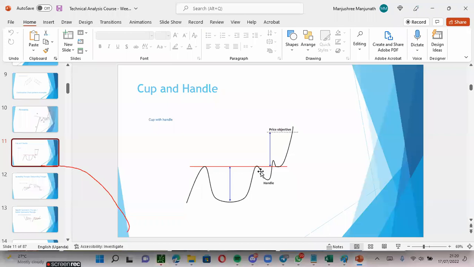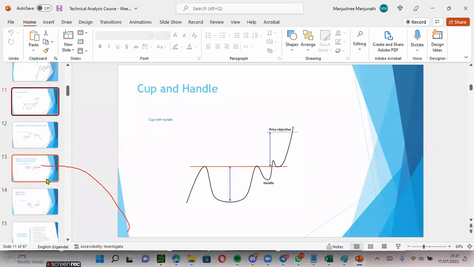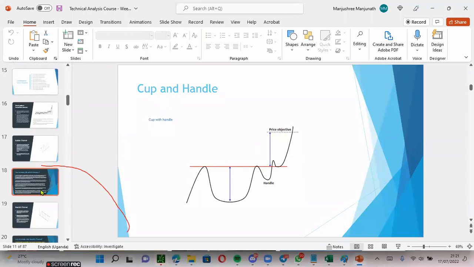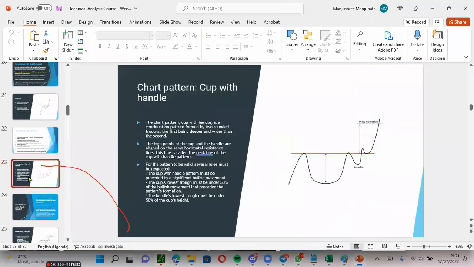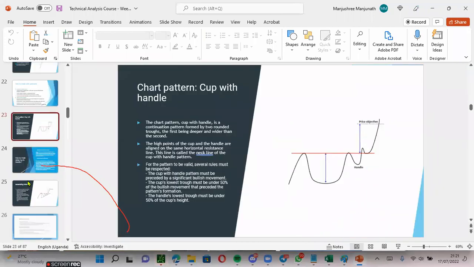This is called a cup, and this is the handle. And if it breaks out that neckline, which is a resistance, eventually it will gap up. This is called the cup and handle. And same thing on double bottoms also.